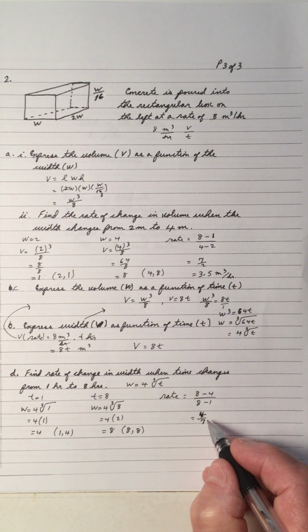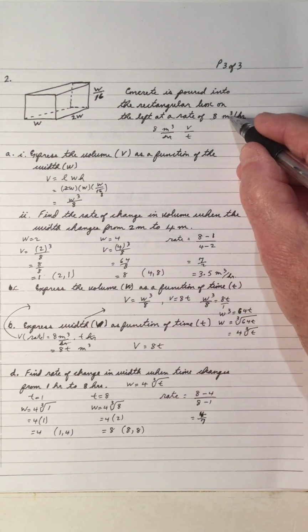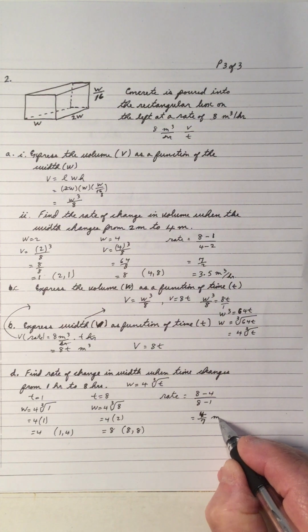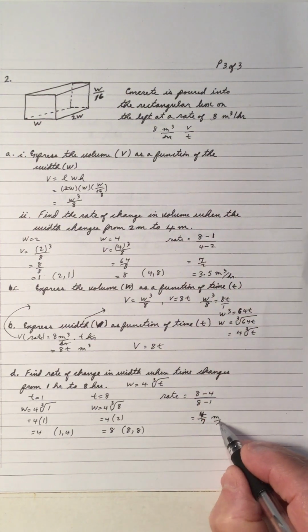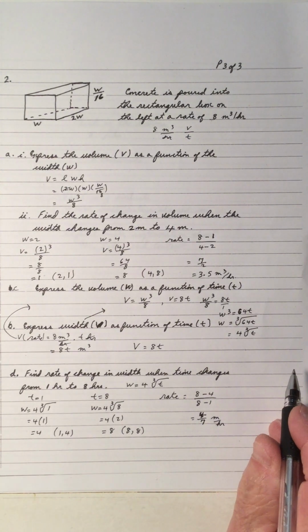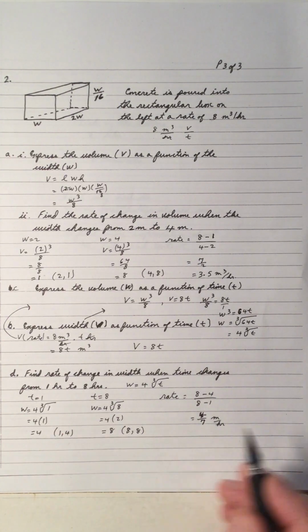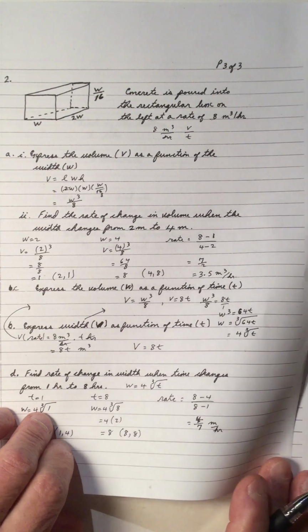So 4/7. And the width is in meters, and the time is in hours, just to make sure. So that's the rate of change of the width in terms of time from 1 hour to 8 hours: 4/7 m, which is meters over time.